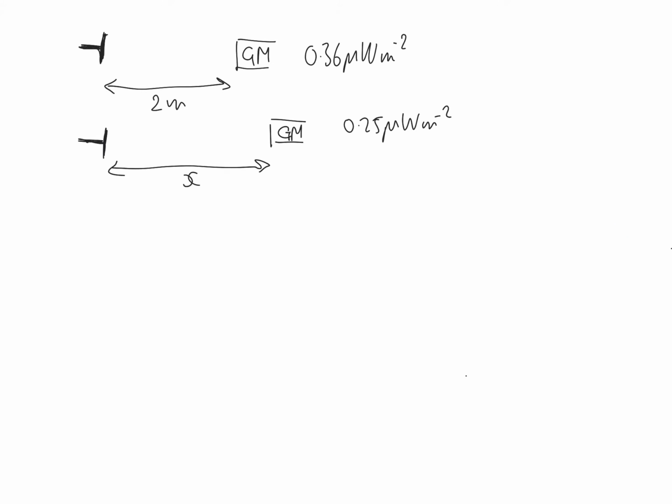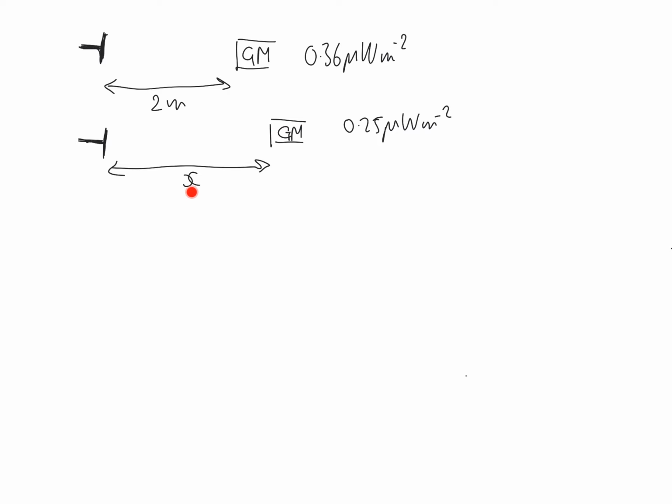Right, I've set up a question that looks at a source of radiation, which is the same in both counts. At 2 meters from this source, the GM tube will have 0.36 microwatts per meter squared. So this is talking about an intensity that's falling. And when it's moved to another position, it gets 0.25 microwatts per meter squared at the GM tube.